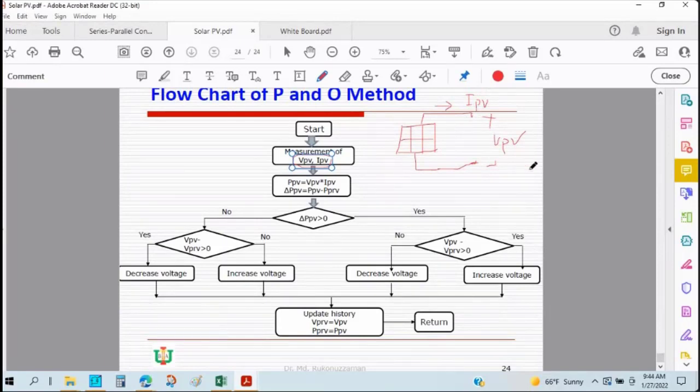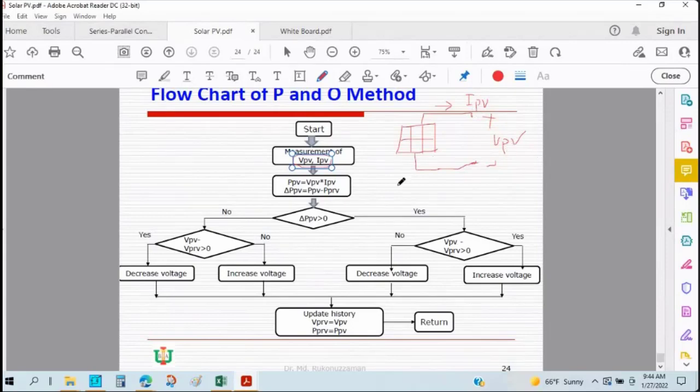If we know the current and the voltage, we will get the power, right? Because power is the product of current and voltage. If the current we receive from the solar panel is IPV and the voltage across it is VPV, then the power will be the product of this current and voltage.